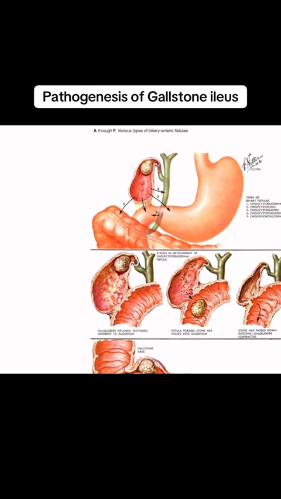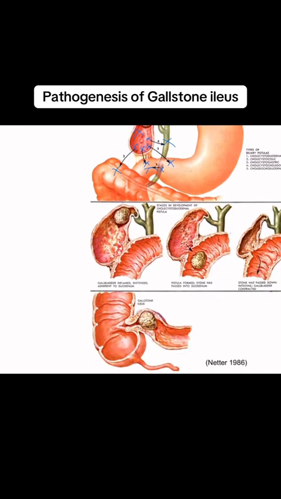So here is a gallbladder with a large stone in there. You can have an abnormal connection between the gallbladder and the hepatic duct, an abnormal connection between the gallbladder and the stomach, and a connection between the gallbladder and duodenum. You can have, again, a connection between the common bile duct and duodenum, or you can have a connection between the gallbladder and the colon or large intestine.